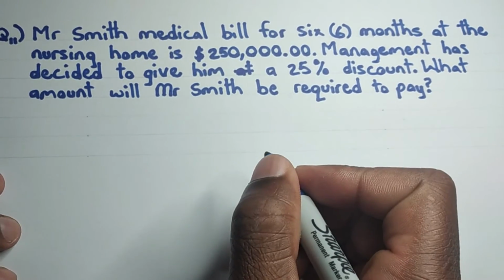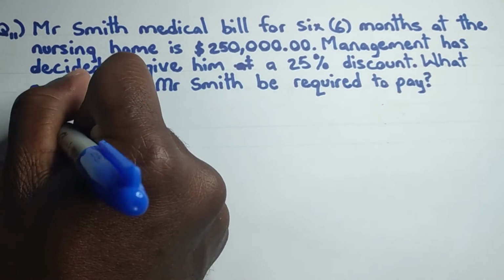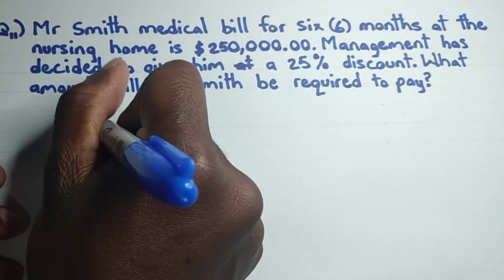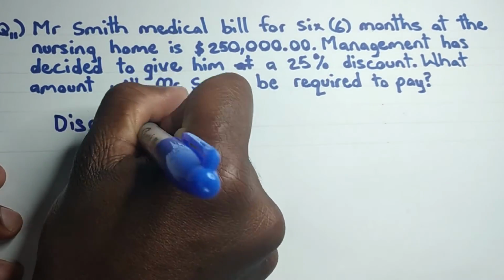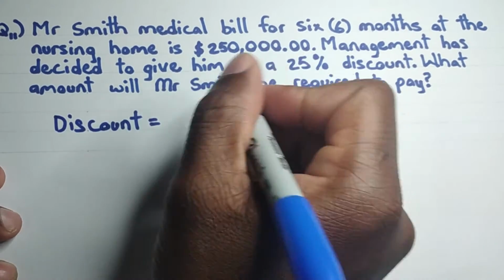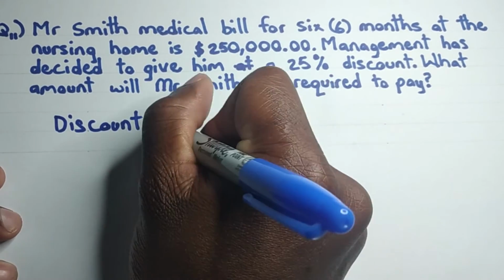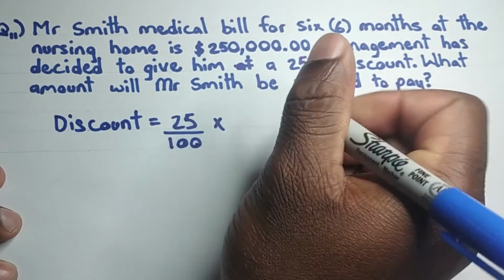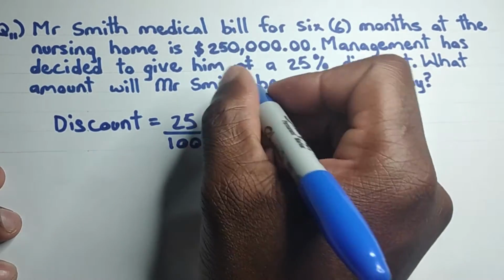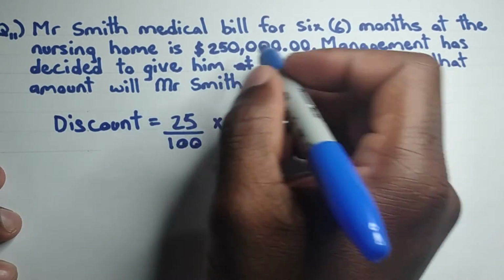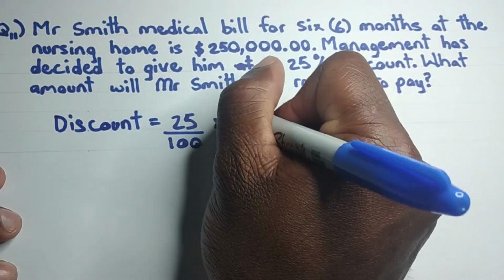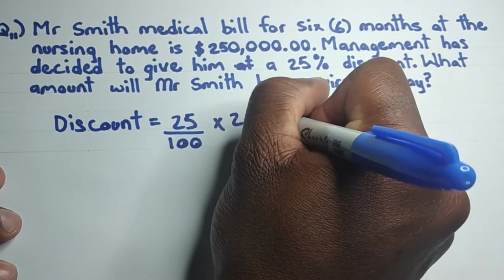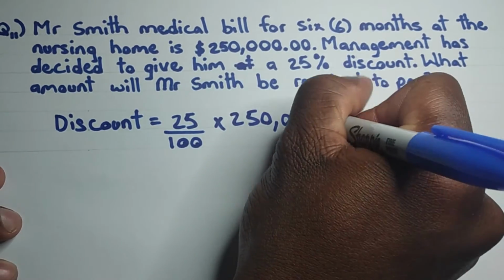So how do we go about finding this? The discount will simply be equal to 25% represented as 25 over 100, times the amount of money we're dealing with. So we want to find 25% of $250,000. This is how we set that up.